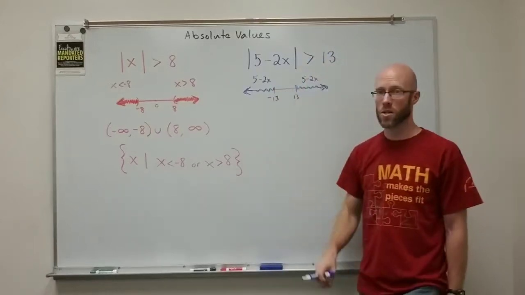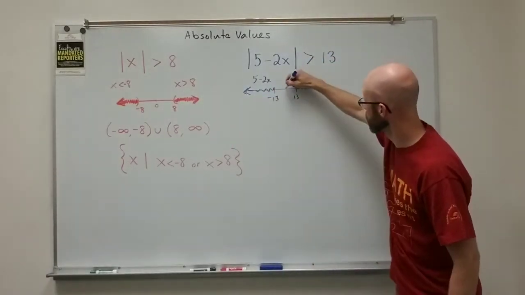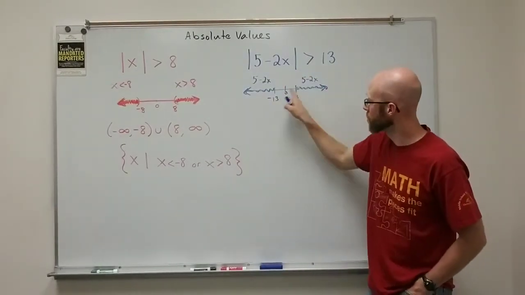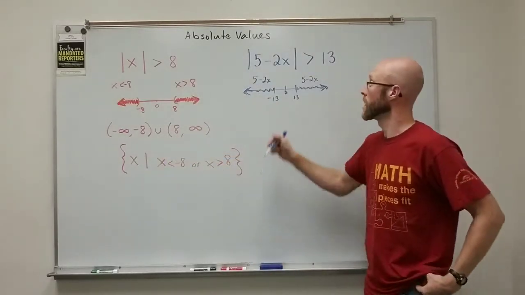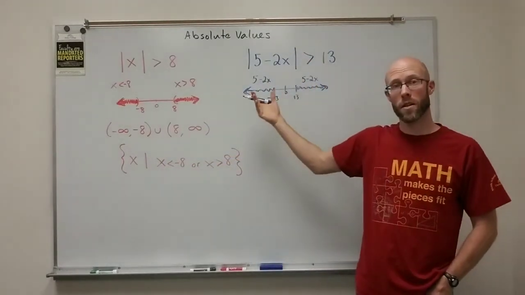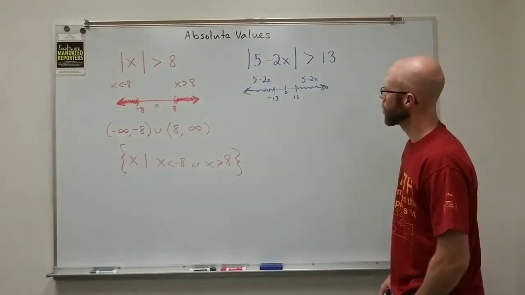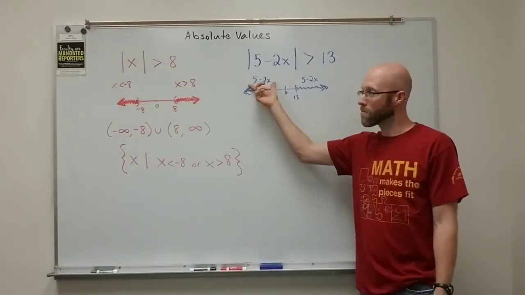All right, so the 5 minus 2x is out in those two regions. Of course, 0 in here somewhere. And so all the numbers out in those two regions are going to be farther from 0 than 13 units. Okay, and that's what this inequality is essentially expressing. So I need to solve both of those because I don't really care where 5 minus 2x is.